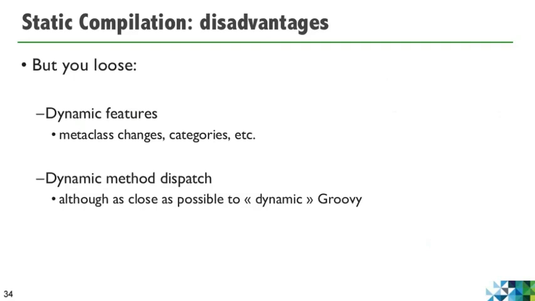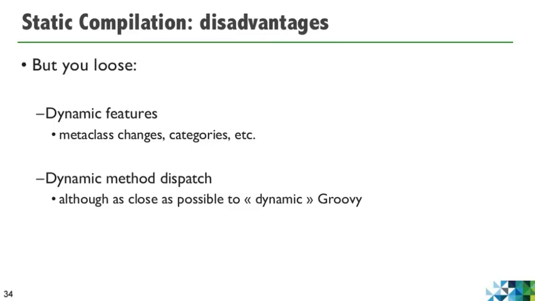So metaclass changes, categories, Groovy builders, etc. All those things are not allowed because they are inherently dynamic, and the Groovy compiler cannot really wire the method calls because it's about calling non-existent methods, etc. There are also some cases where the behavior might be slightly different than pure dynamic Groovy. This is the case when you have multi-methods, in the case you have overloaded methods with different types, etc.